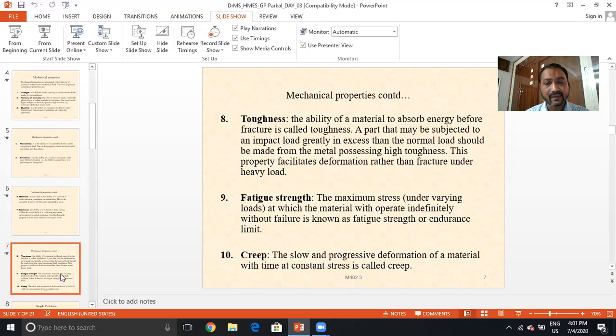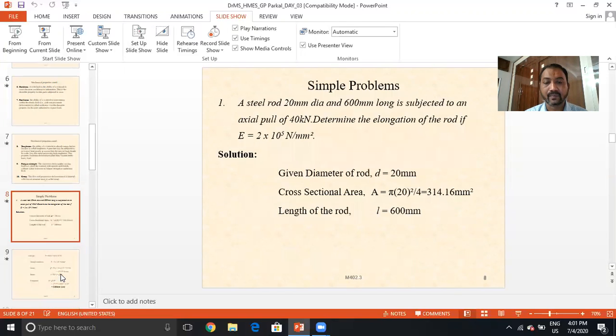These two are very important properties to be considered before selecting it for the application of a connecting rod. Like that, for the different applications, the desirable properties are required. So we have to choose the materials which have the desirable properties for the specific purpose.